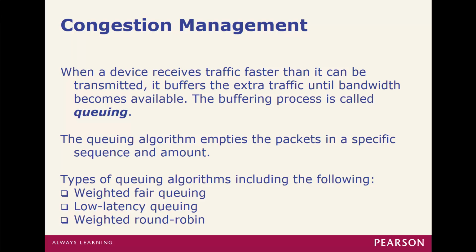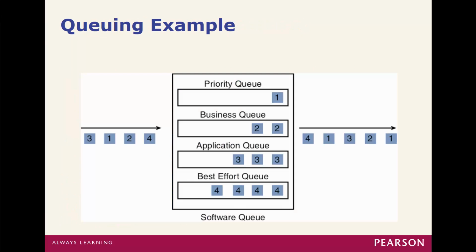Examples of queues could be priority queuing, business queuing, application queuing, or best effort. So, as these different queues start filling up, we can have the egress change depending.